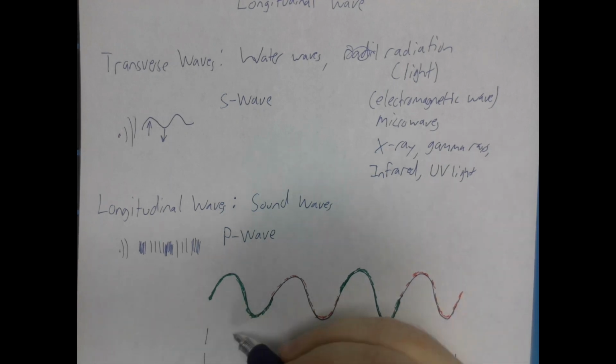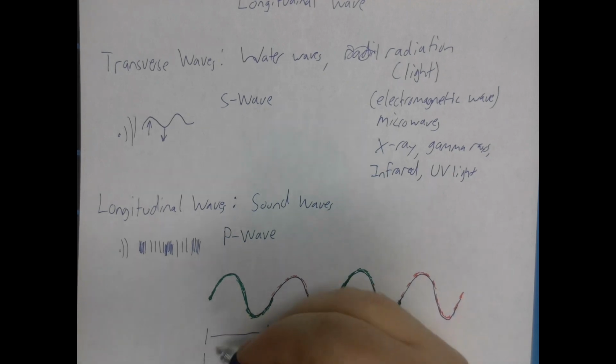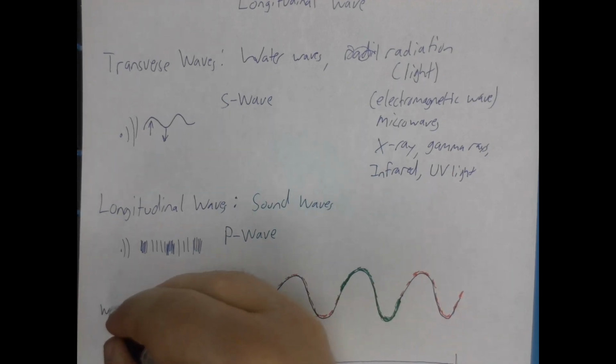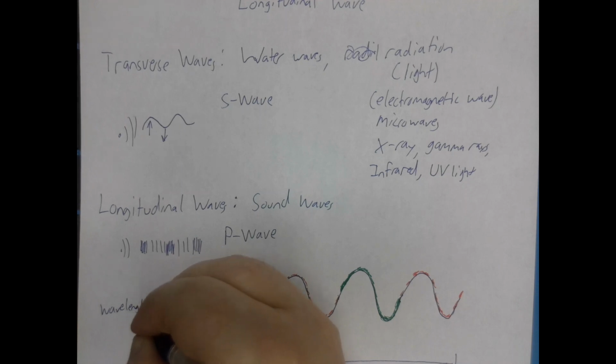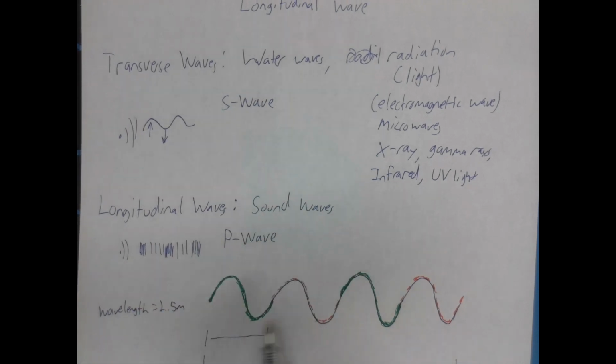So this would be one wavelength, which, since there are 4 waves in total, would be 10 divided by 4. 2.5. So a wavelength would equal 2.5 meters, because 4 waves have 10 meters.